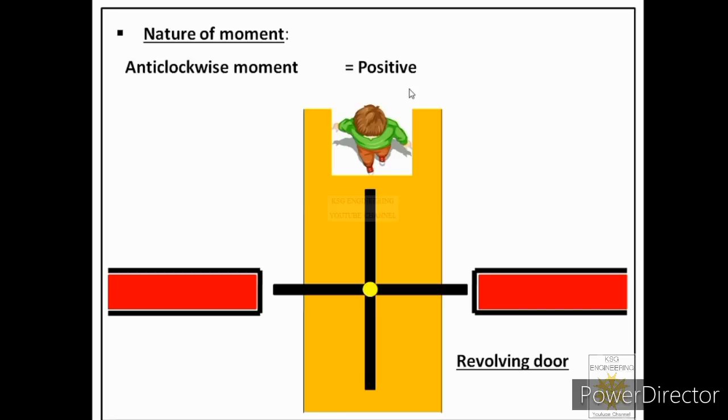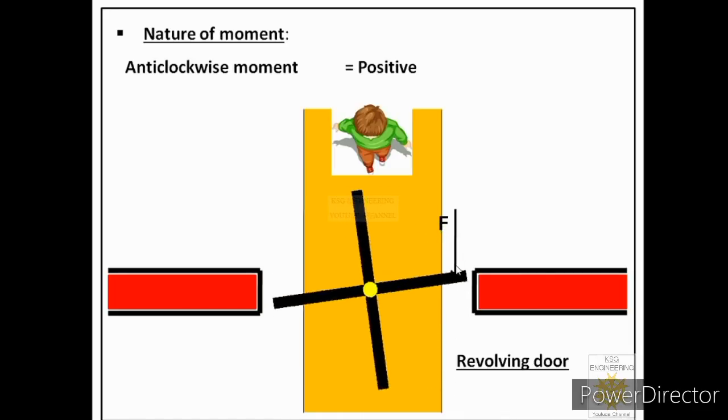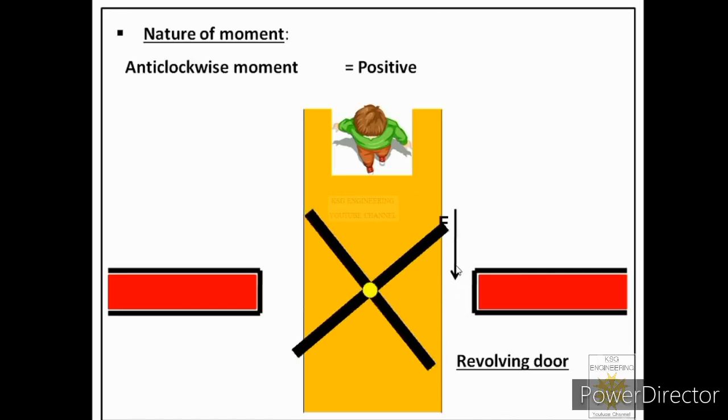So we'll stick to this particular assumption only. Now let us see what will happen if this person wants to go to the other side of the door by applying a force at this end of the revolving door. If the person applies a force of magnitude F at this end, then the door will rotate in clockwise direction.